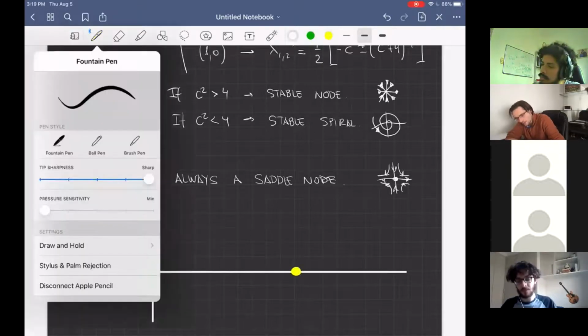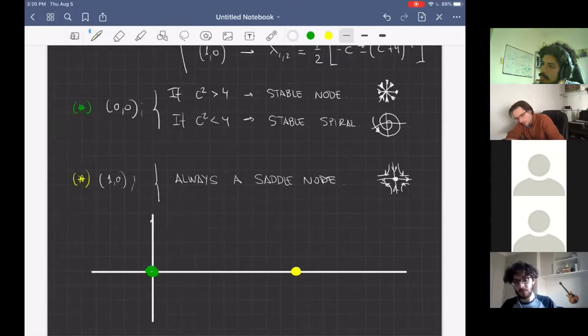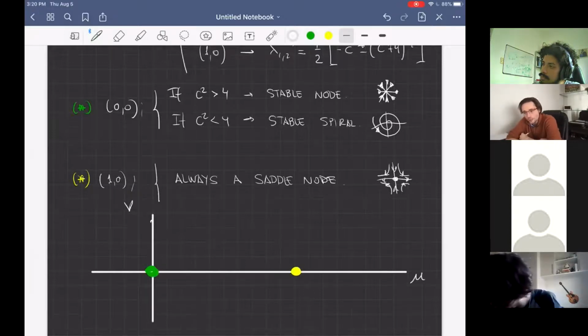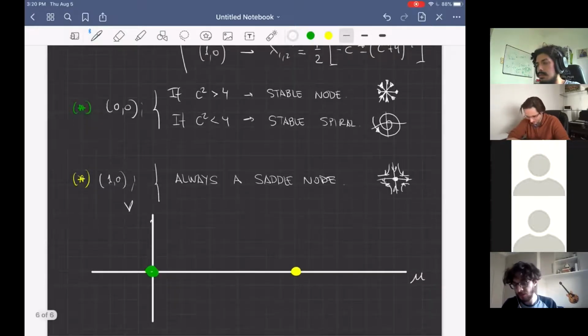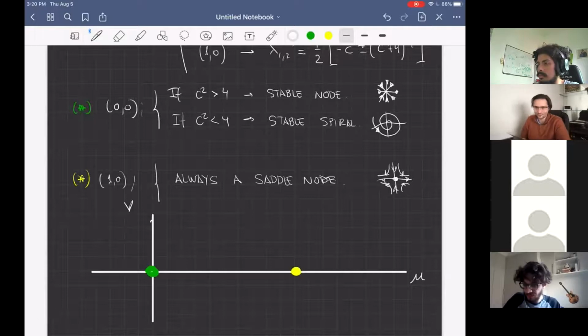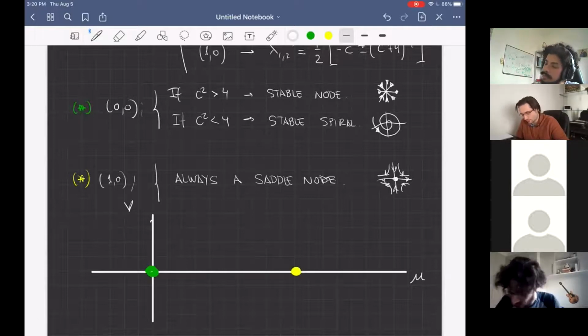And this is V, and this is U. So which case do you guys want to study first? C squared larger than 4 or C squared smaller than 4? Okay, let's say smaller than 4. Let's start with a funny one.